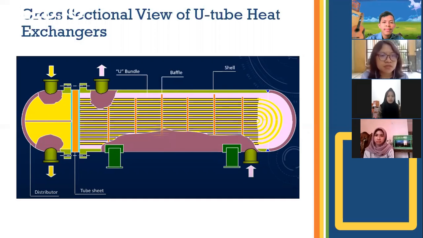As we know, there are cross flow, counter current flow, and parallel flow. But in this U-tube, it is called counter current flow because it happens in different sections. For the shell side, it enters on the left and exits on the right.